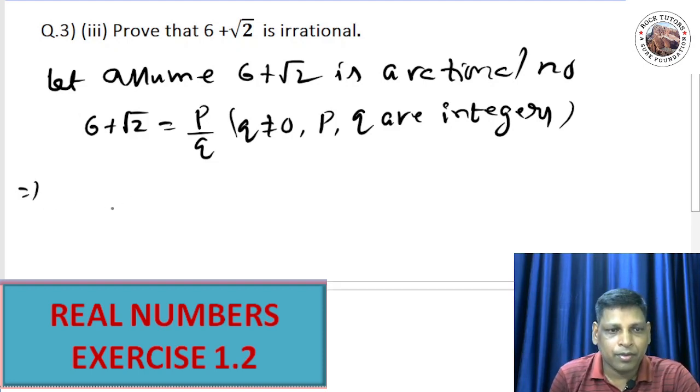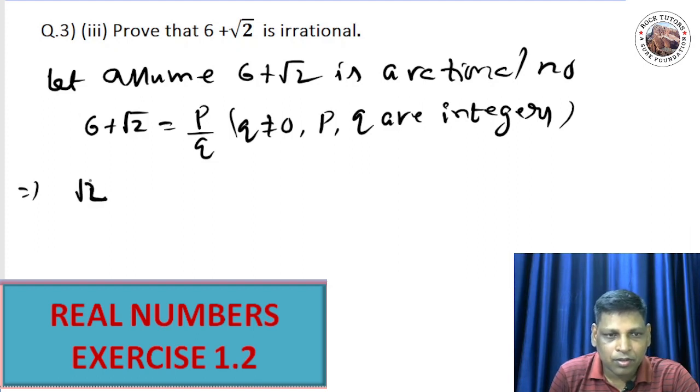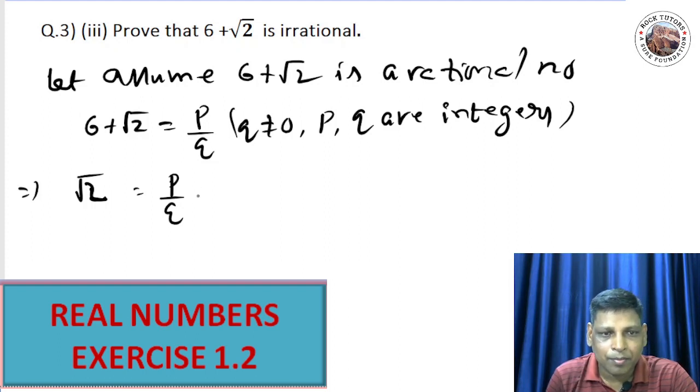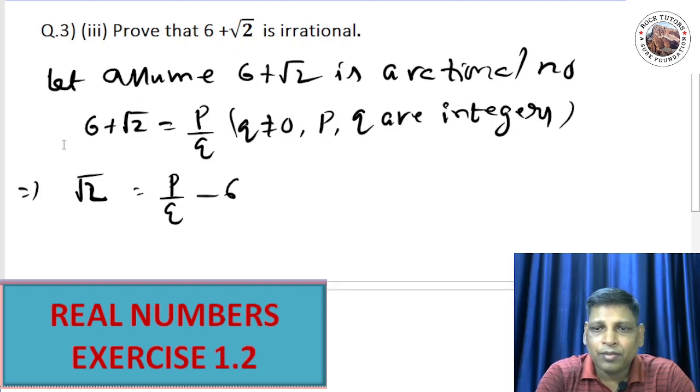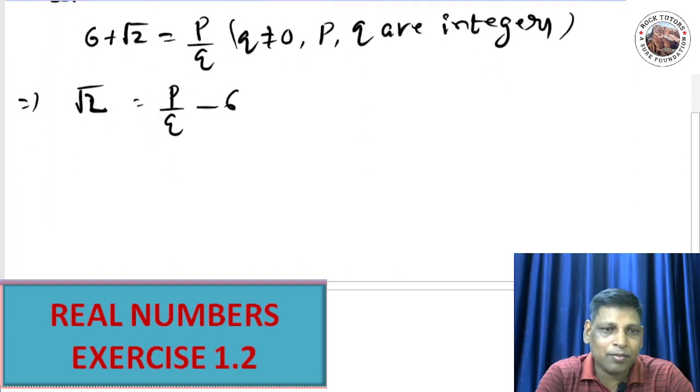Now I can write root 2 is equal to p by q minus 6, since 6 is transposed to the RHS. Here p by q is a rational number and 6 is also a rational number.